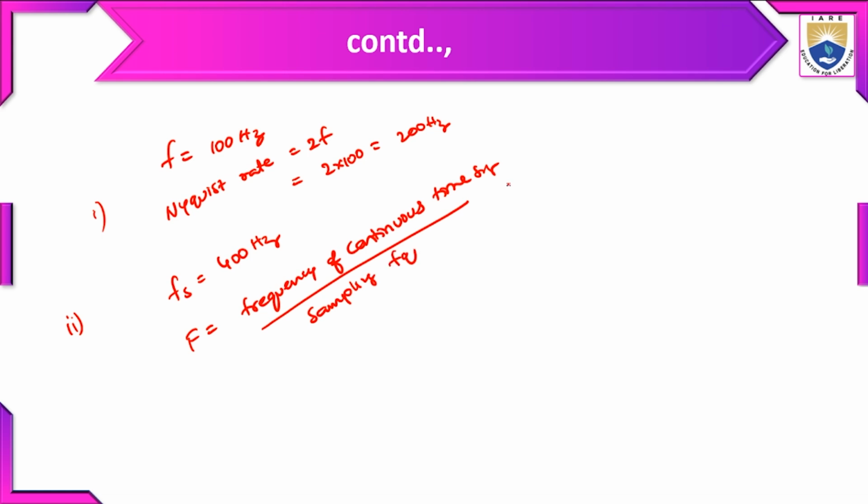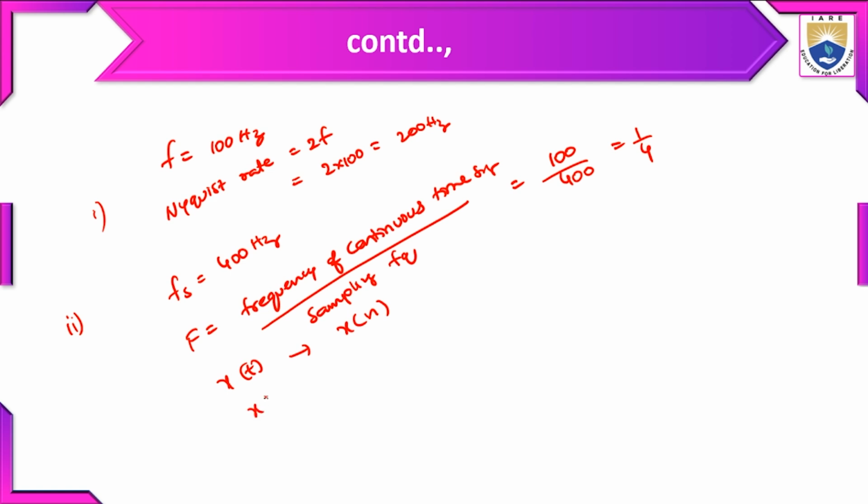So what is the continuous time signal frequency? That is 100, as we already saw. Now my sampling frequency is 400, so f is 1 by 4. So how can you write x of t into x of n? X of t is the continuous one, x of n is the discrete one.